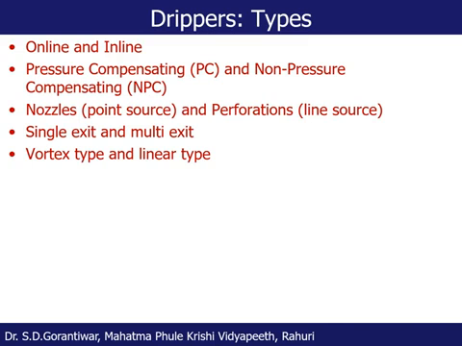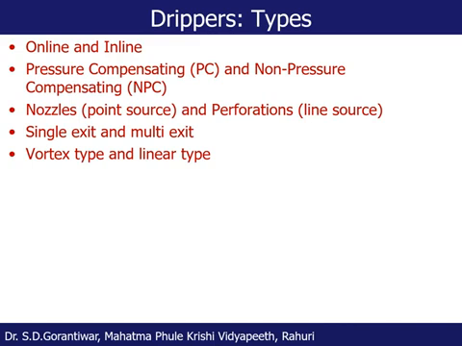One is online and inline emitters, based on how the emitters are mounted on the lateral or inside the lateral. The next category is pressure compensating and non-pressure compensating emitters, that is PC emitters and NPC emitters. Third category is whether it is nozzle type, that is point source, or perforation type or line source.